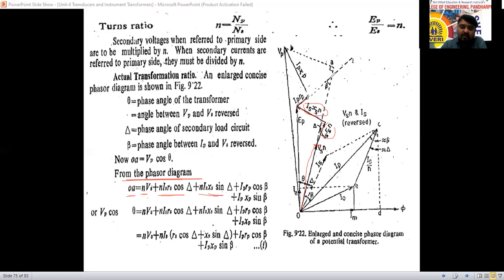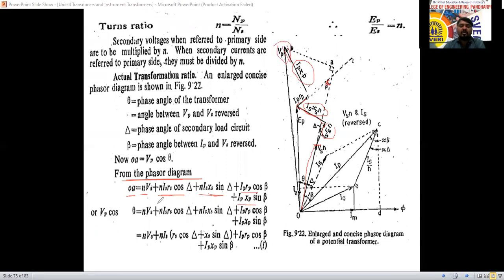What is the angle here? We have drawn this angle as beta, and IP RP acts as the adjacent line. So this is opposite, this is adjacent, and this is the hypotenuse. So IP RP cos beta. Next we call this IP XP sin beta. So this OA we have drawn from the phasor diagram is up to this VP cos theta.